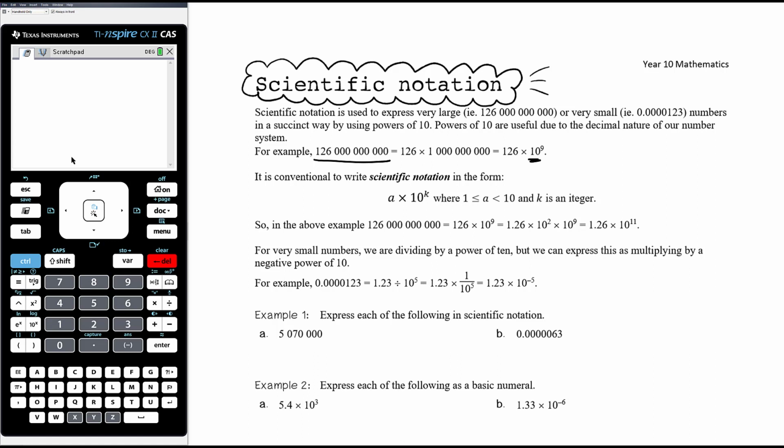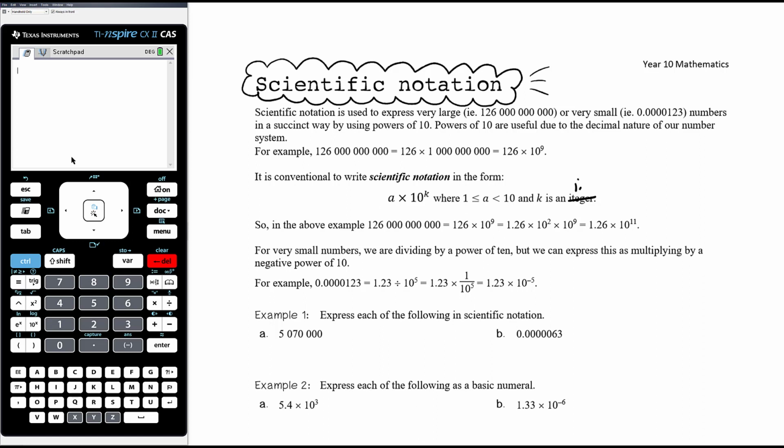Now, it's conventional to write scientific notation in this form, a number times 10 to the power of an integer, where the number at the beginning is somewhere between 1 and 10. So actually, this is not technically in scientific notation because 126 is not between 1 and 10. Sorry, I've just seen a typo there too.